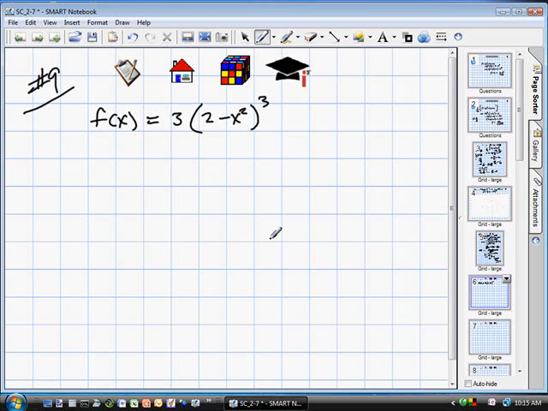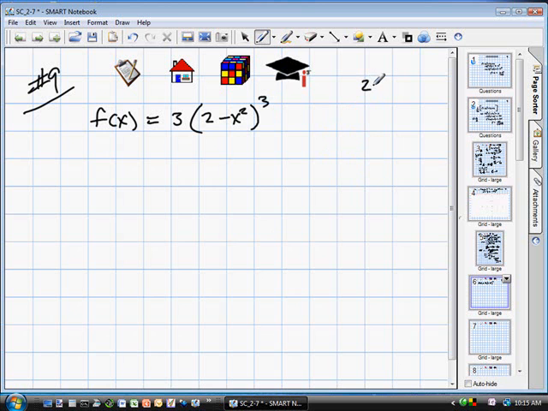Or we could cube that 2 minus x squared thing, multiply it all the way through by 3, and then we would just have a polynomial, and then we could go ahead and crank away. I almost think in this case, because I have to do 2 derivatives, maybe this time I'm going to go ahead and just cube that thing in parentheses. But, you know, both ways are valid.